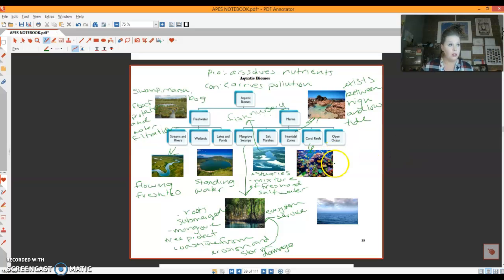So, coral reefs, they are found in warm, shallow water. It is the most diverse, as we said.